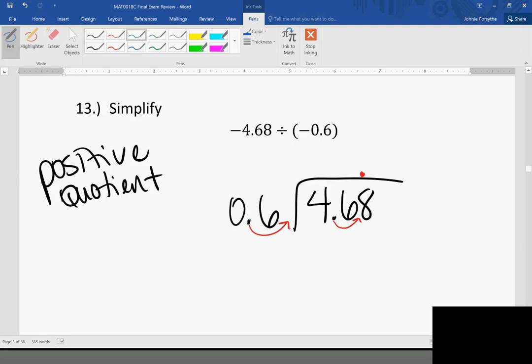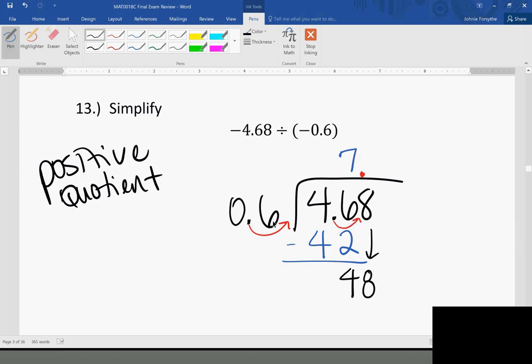So let's see. 6 times 8 is 48. So 8 is too big. Let's go with 7. So 7 times 6 is 42. And then we're going to subtract. And then we have 46 minus 42 is 4. And then bring down the 8.